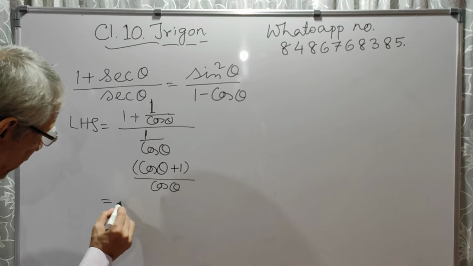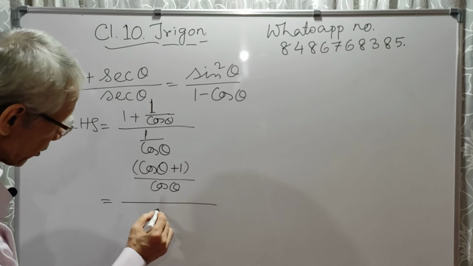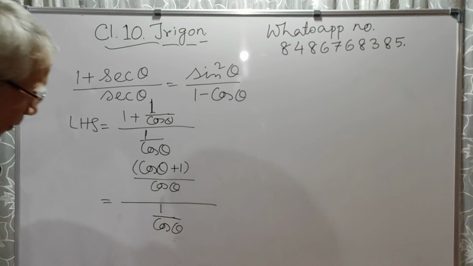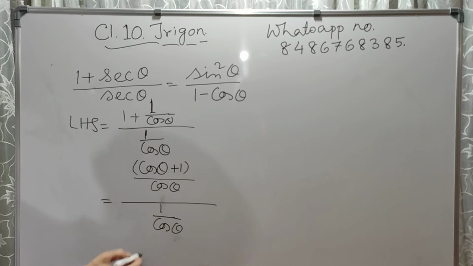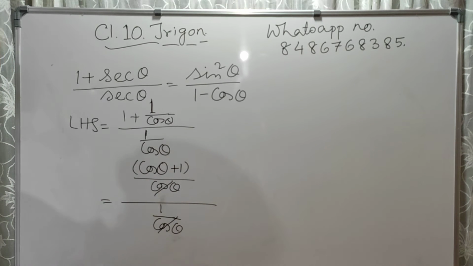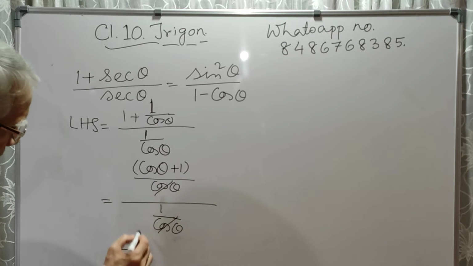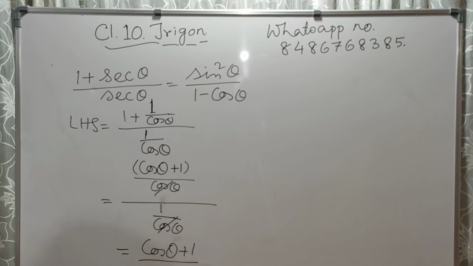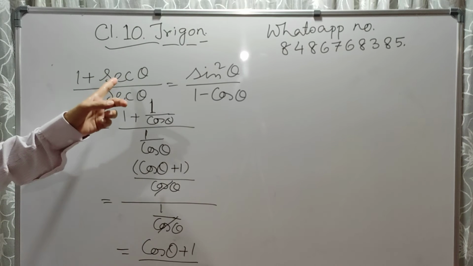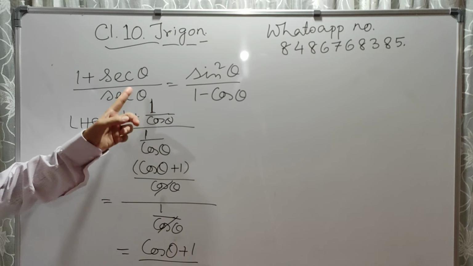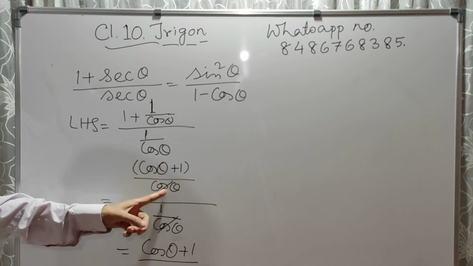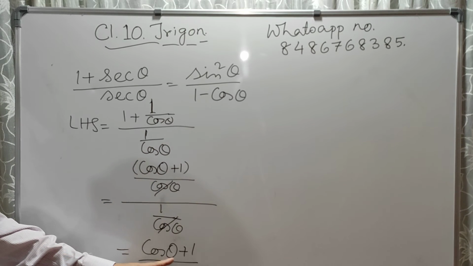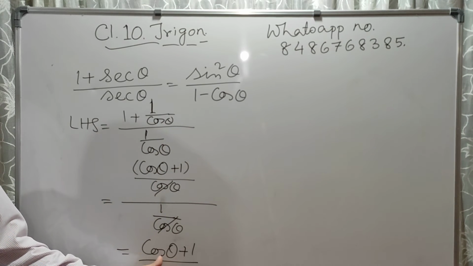So this cos theta will cancel, and finally you get a simple one, cos theta plus 1. So on the left hand side we removed sec theta, wrote 1 by cos theta, then simplified using just the rules of algebra. This cannot be simplified anymore.